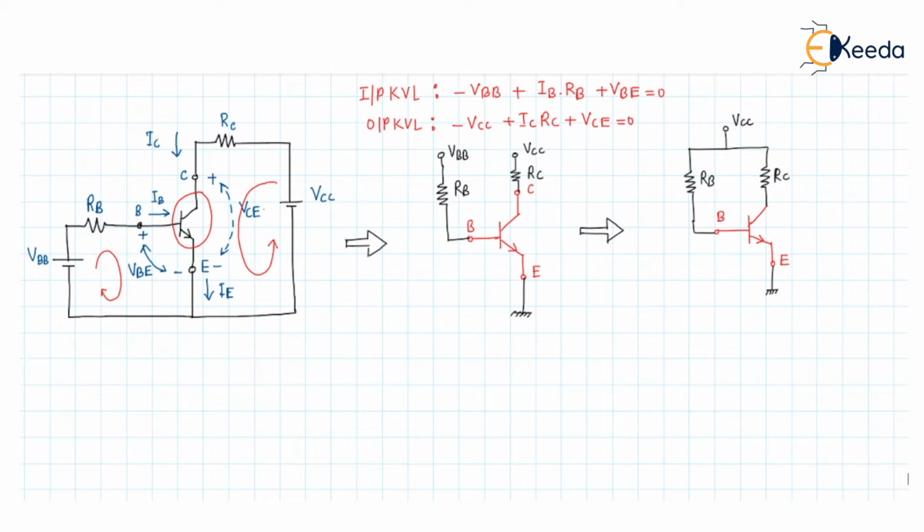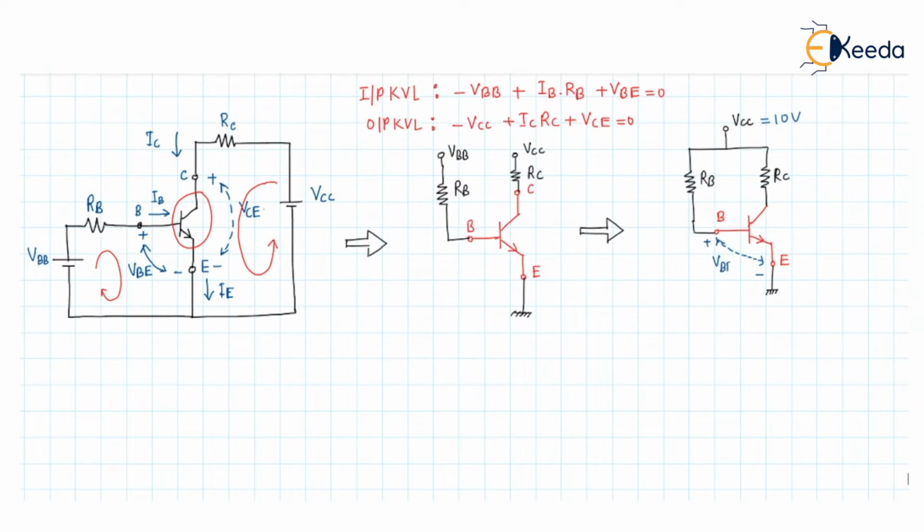In this circuit, let us take some data for our convenience. Let us take that we have applied 10 volts of VCC, and if we find the value of RB, we can find it. So this is VBE, the voltage across the base to emitter. This is positive, this is negative.